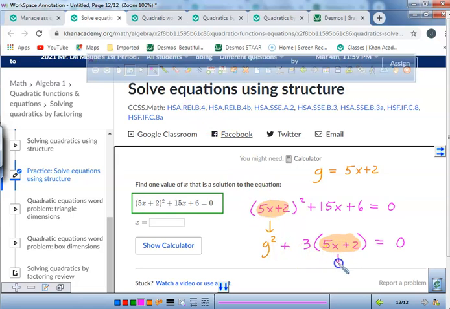You see what I'm saying? So what am I going to replace that with? A g, right? So we got g squared plus 3g equals 0. Okay. Now, what's the common factor of g squared and 3g?